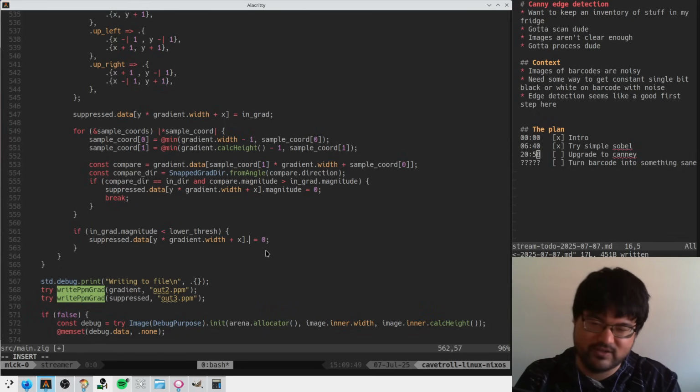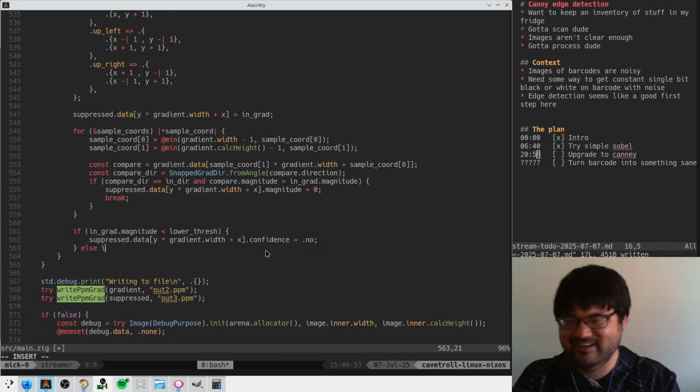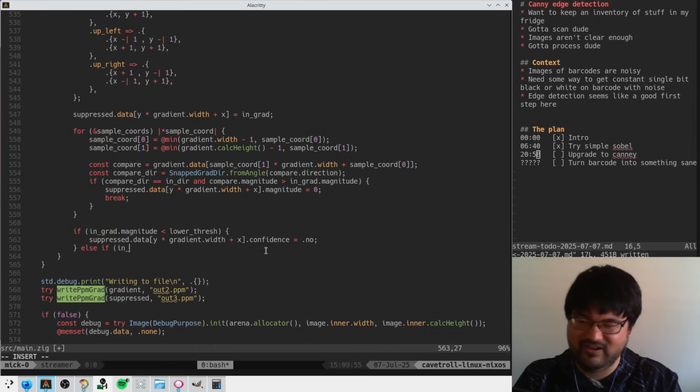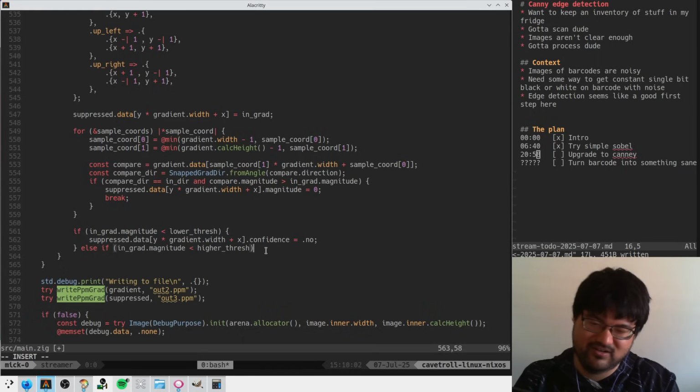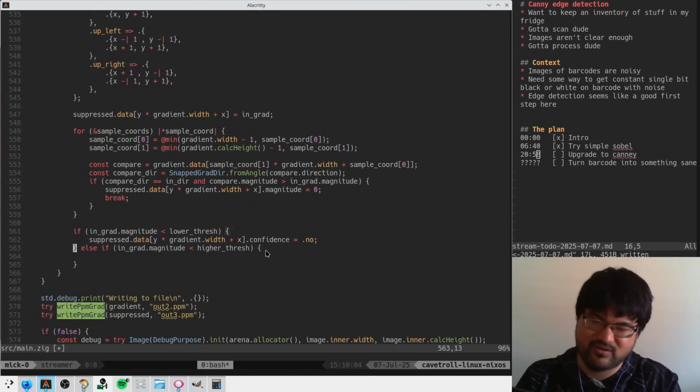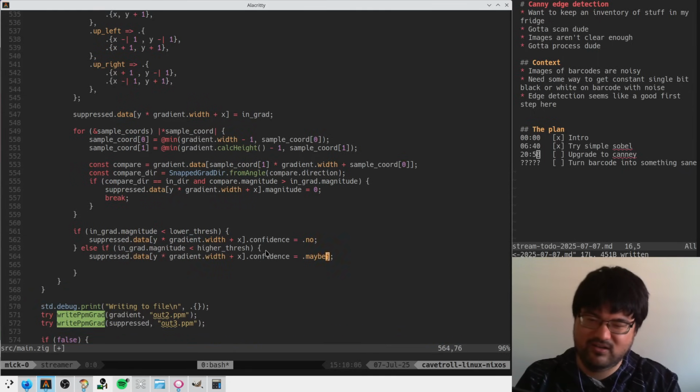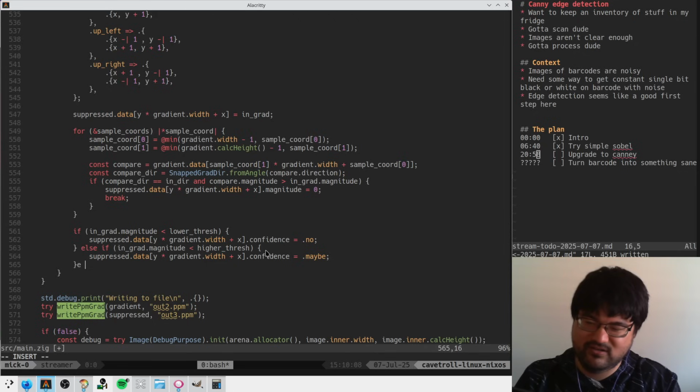So confidence here is no. Else if in grad magnitude is less than higher thresh, confidence is equal to maybe. Else it's yes.